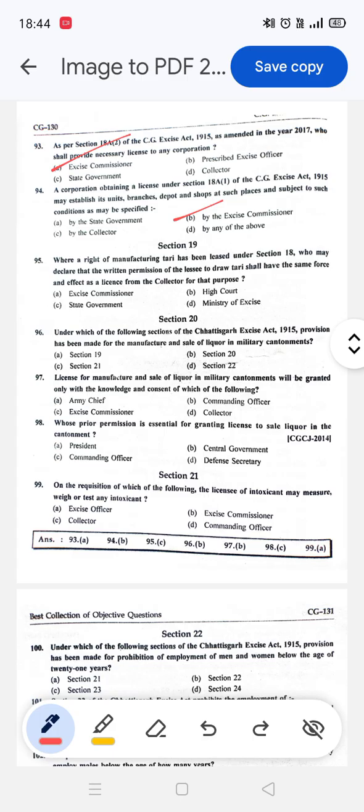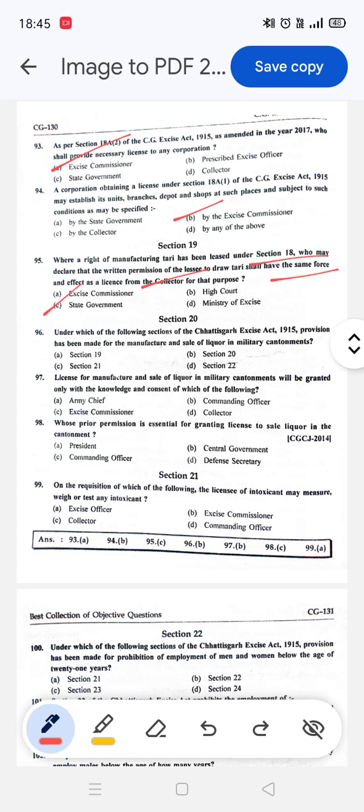So option B is correct. Question 95. Where a right of manufacturing tari has been leased under section 18, who may declare that written permission of the lessee to draw shall have same force and effect as license from the collector for that purpose? So here correct option is state government has power.